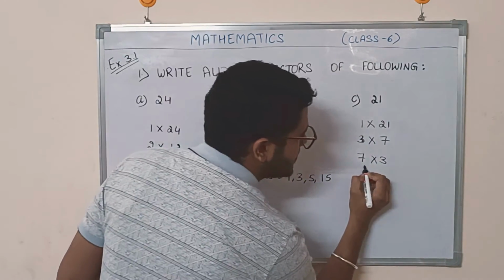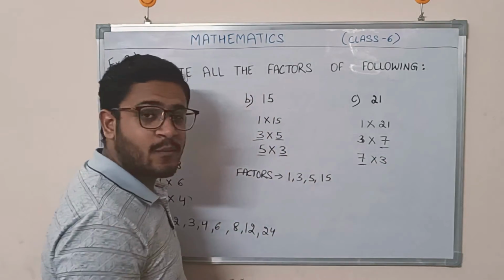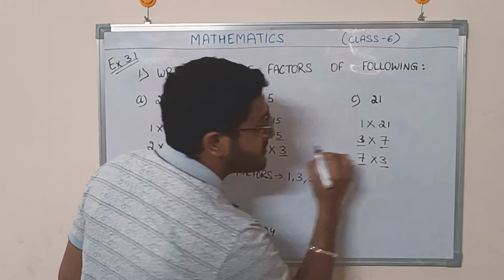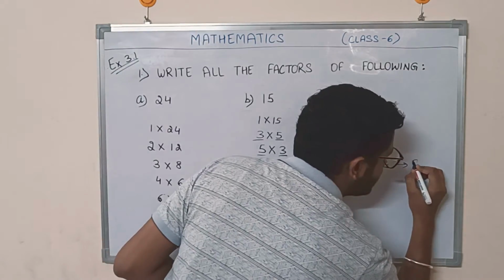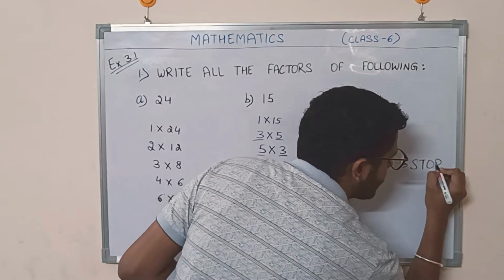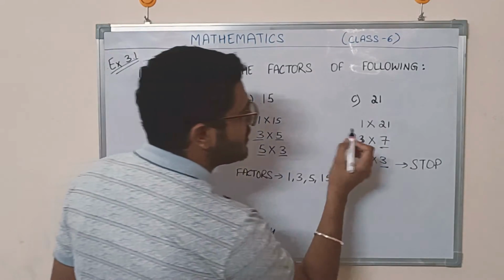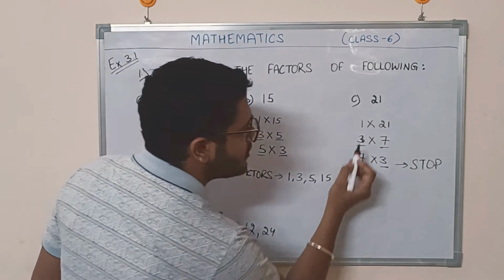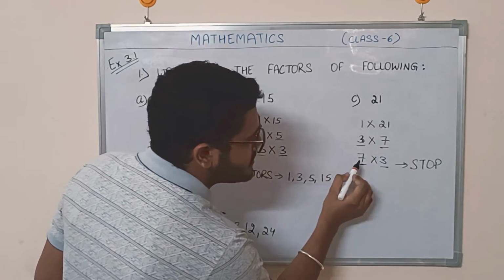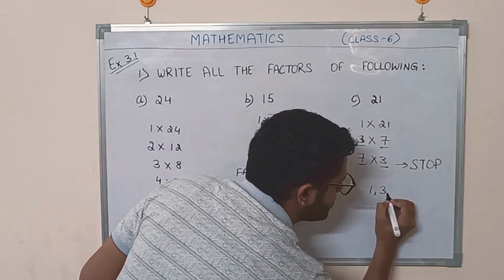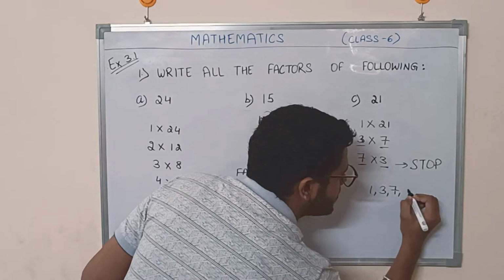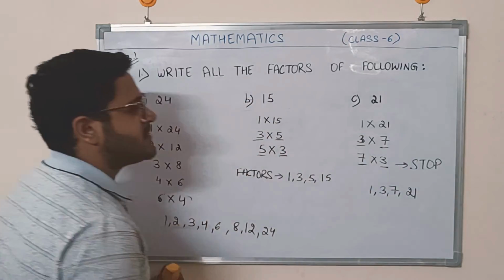Now here you also see 7 has repeated, 3 has also repeated. So we will stop here. And what are the factors that we got? 1, 3, 7 and 21, right? So the factors are 1, 3, 7, 21.